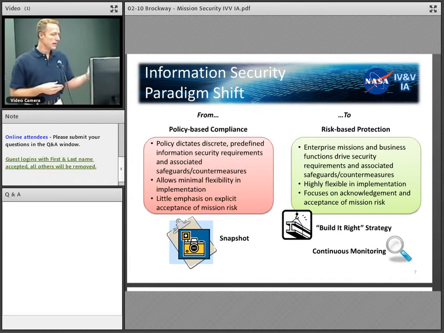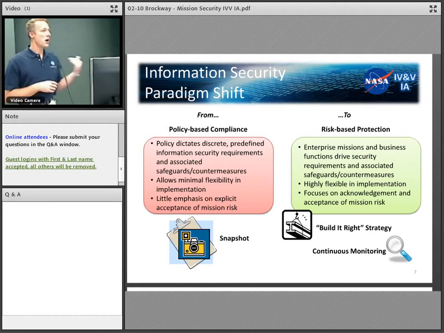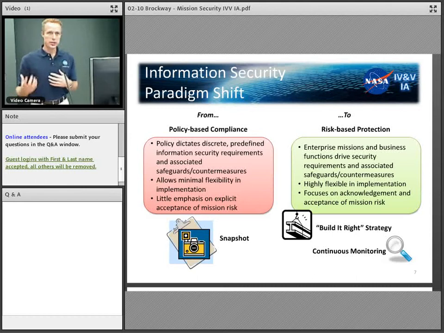And so here, instead of a clipboard exercise, a snapshot in time of whether you are compliant with some set of policies, it's evolved more to the missions driving what their assets are trying to protect, the high value targets, and what the business functions are. Those drive the associated requirements.